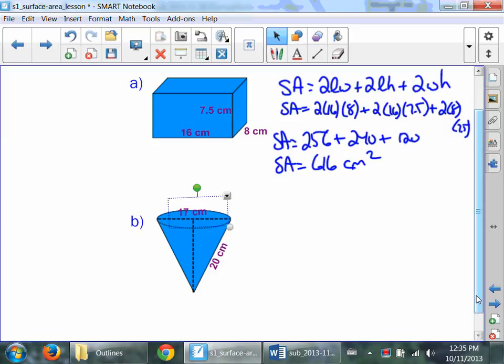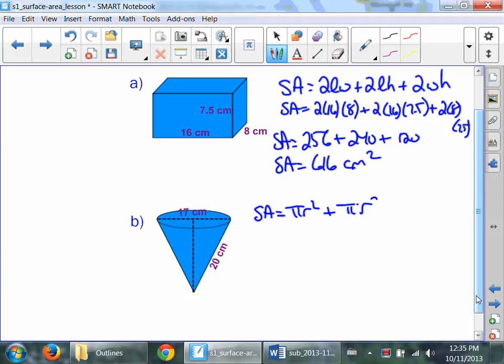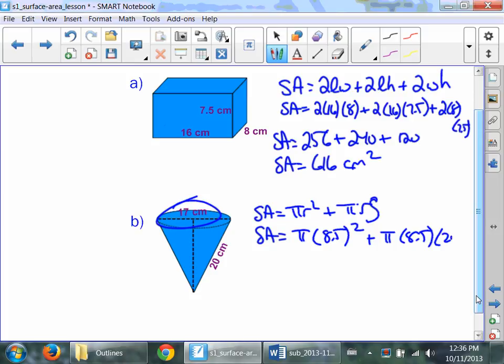So now let's find the surface area of the cone. The formula is pi r squared plus pi r s. So, what's the radius? If this is 17, the radius is half of that. So the radius is going to be 8.5 squared plus pi times 8.5 times the slant height, which is 20.